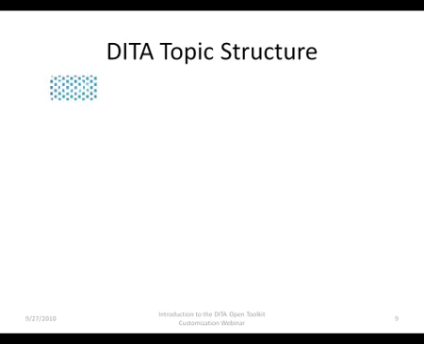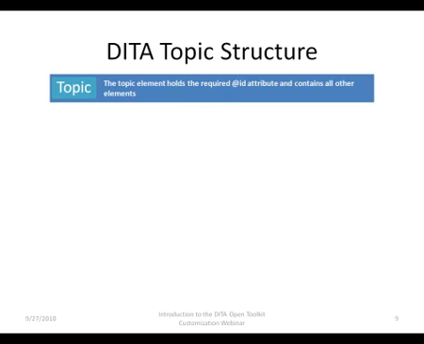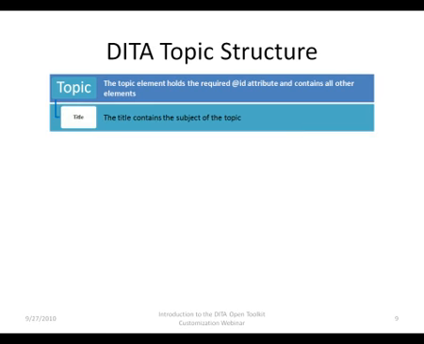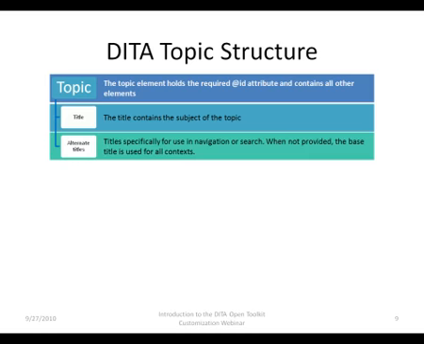The topic element holds the required ID attribute and contains all other elements. The title contains the subject of the topic. Alternative titles are used in navigation or search. When not provided, the base title is used for all contexts.